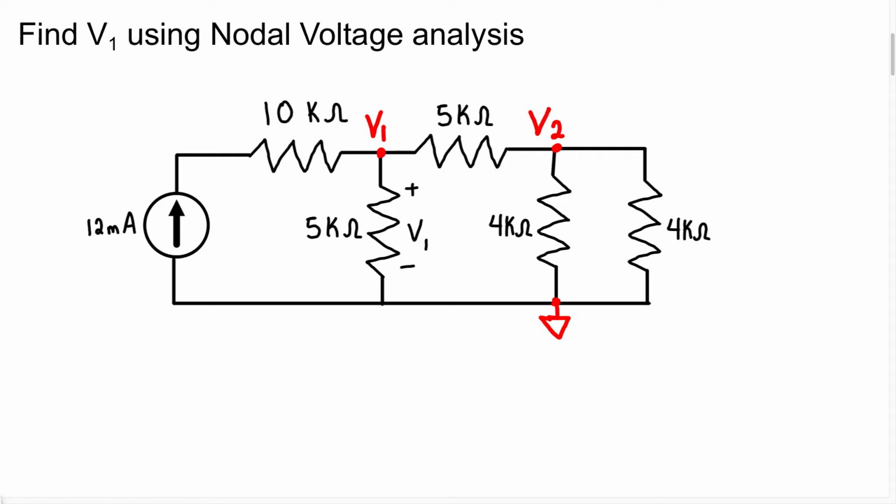Now that we have labeled our essential nodes where we're interested in finding the node voltage, the next thing I want us to understand, when we are solving these circuits using the node voltage method, one of the most important things to remember is no matter what you know about that circuit, you're always going to assume that the current is going to be leaving that node.